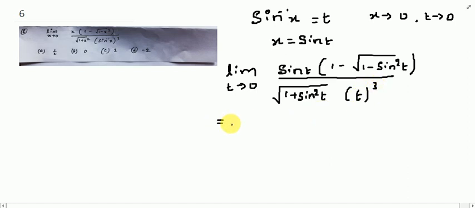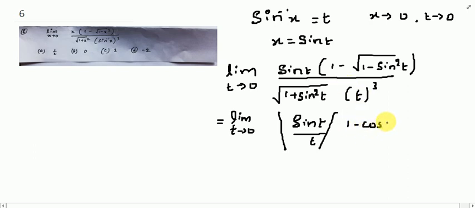Now this is equal to the limit as t tends to 0. Let me write this one as sine t divided by t. In the denominator we have t cube, therefore initially I will consider t into t square, then one t will be with this sine t by t. Then this term is 1 minus cos t.